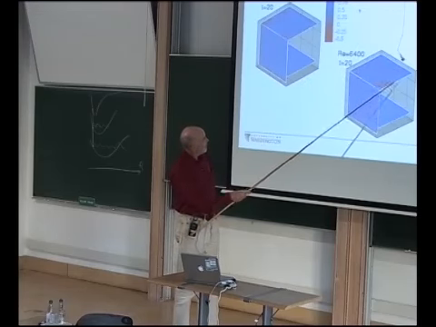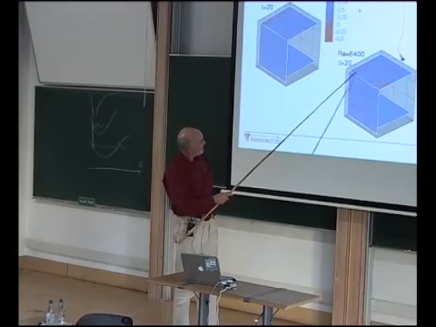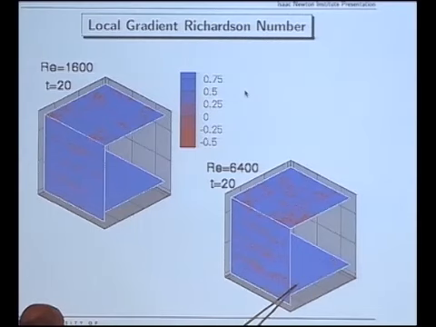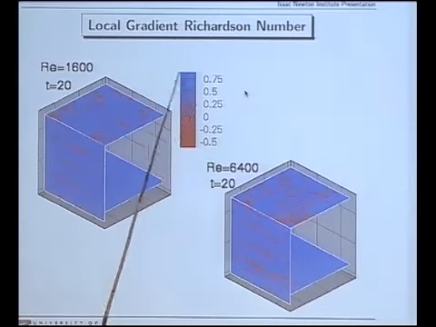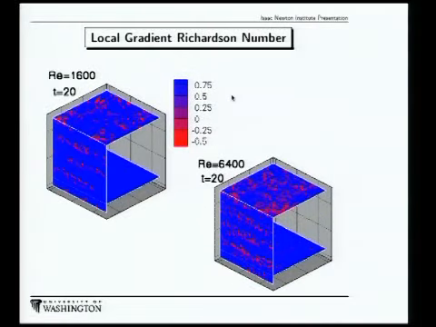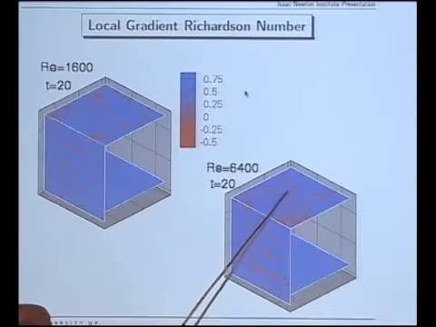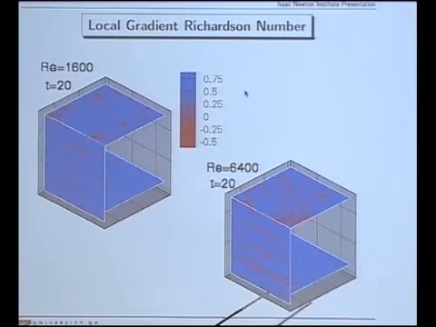These are color contours of the local gradient Richardson number in 3 planes: a vertical plane and 2 horizontal planes, one that goes right through the high shear region and one that goes through a low shear region. Red signifies the Richardson number is low, and blue signifies it's large.